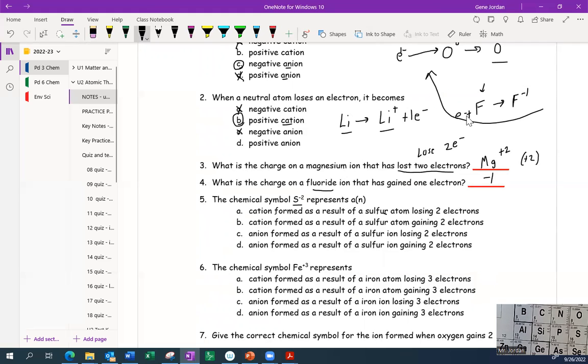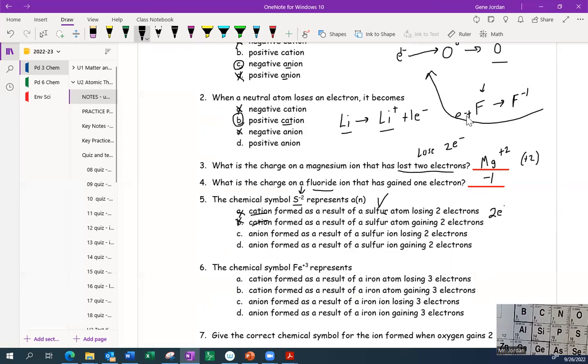Cation formed as a result. So we know it's sulfur. Unfortunately, that's all of our options too. We know that it's negative. That means we can get rid of all the positive things because it's not a cation. It's an anion. And how do we get it to be negative? Well, to be negative, you've had to gain 2 electrons.